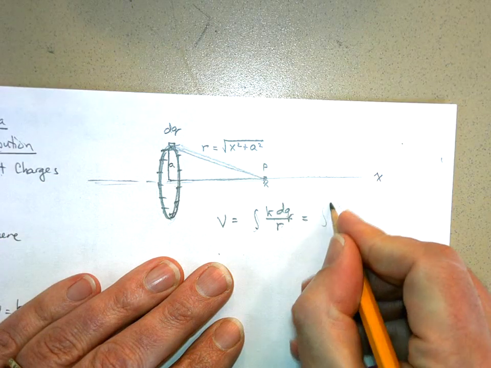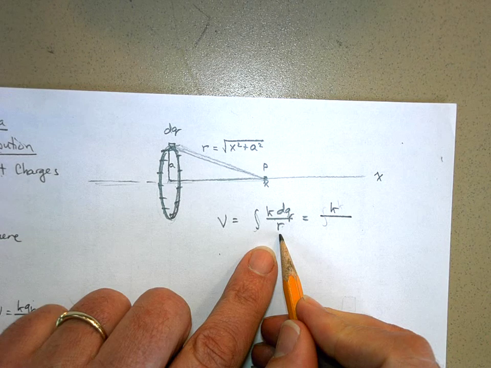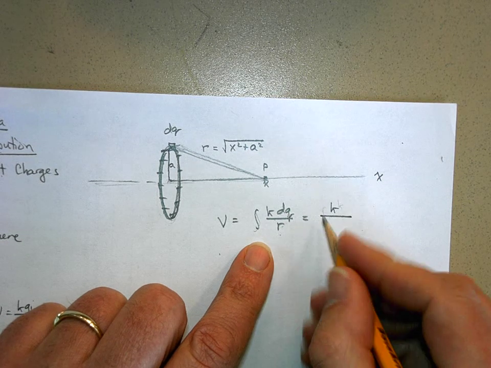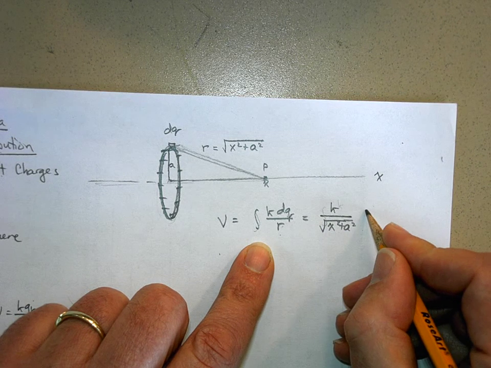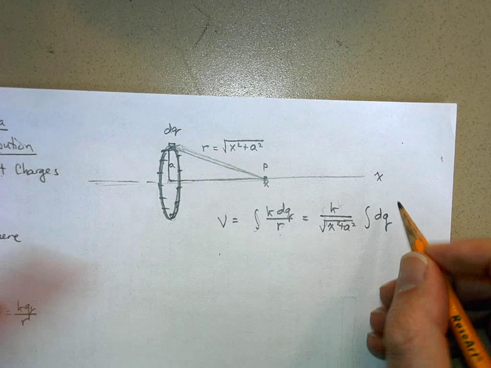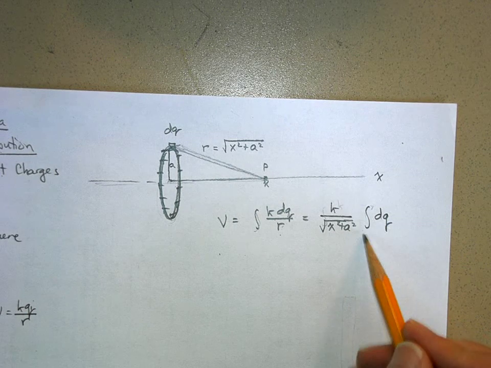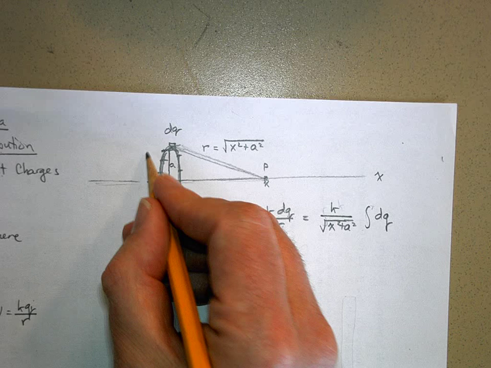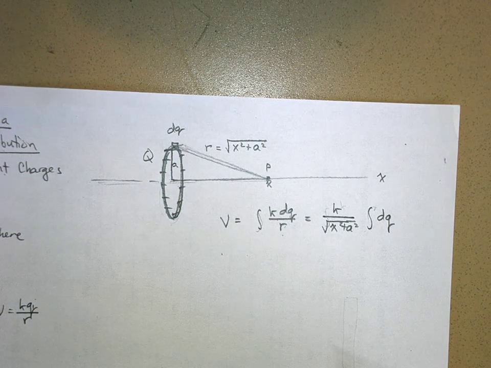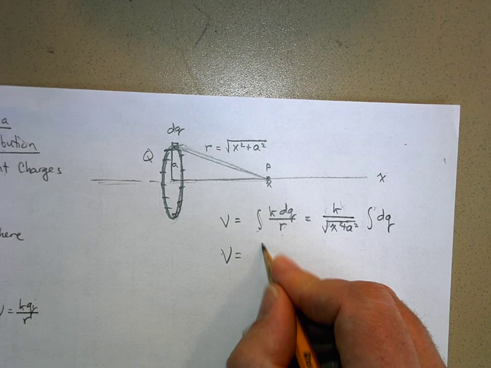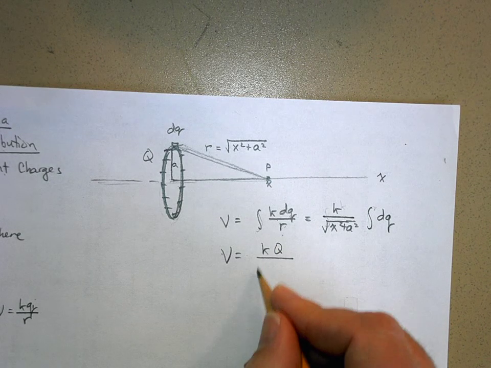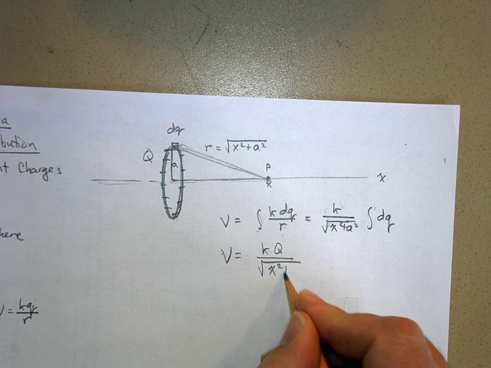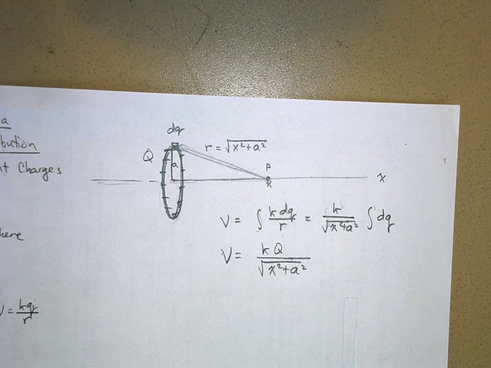So k. Now r is a constant, so it's going to come out of the integral, and you get x squared plus a squared, and then you're just integrating all the little dq's. Well, if you sum up all the little dq's, you get the total charge. We'll just call it capital Q, and so the voltage is just equal to K Q over the square root of x squared plus a squared. And there you go.